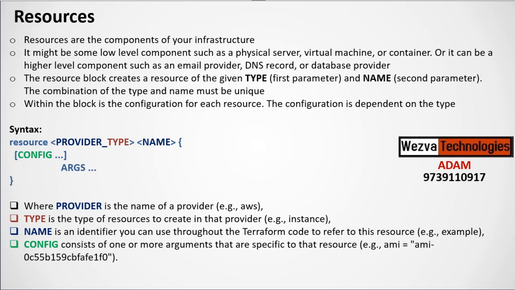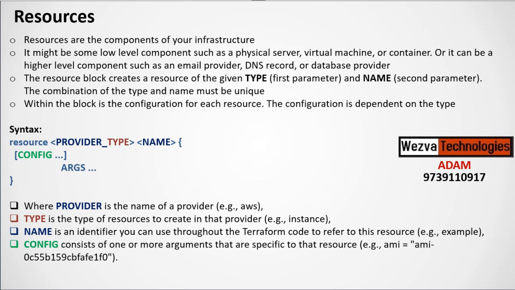So in your Terraform file, you will have one block for the VPC, one block for the security group, one block to define the state needed in the load balancer, and one block to define the machine. This is how you will have multiple resource blocks. For each resource that you need, there should be a resource block.